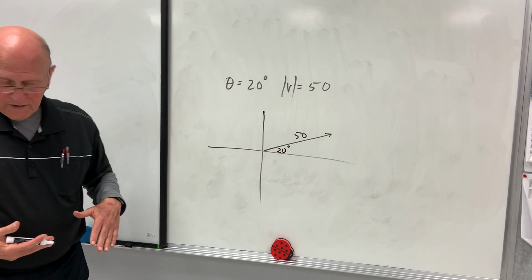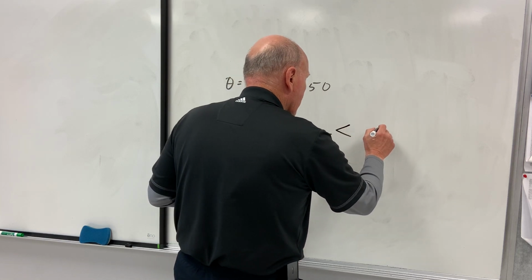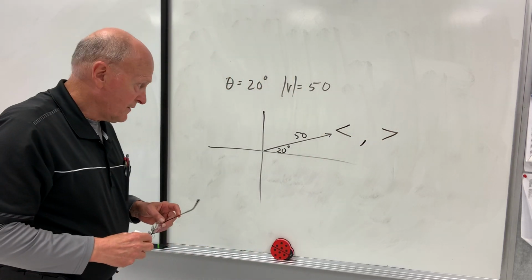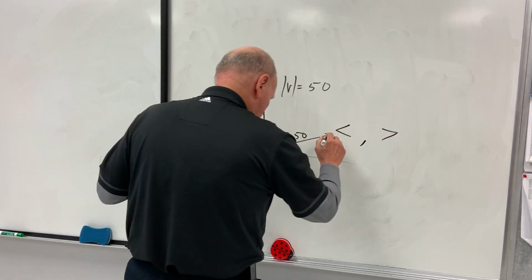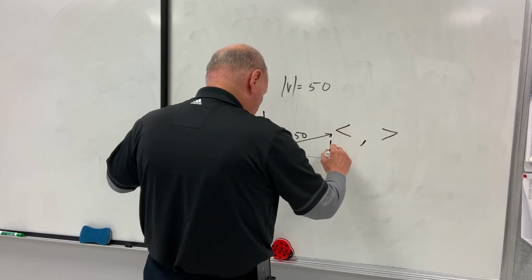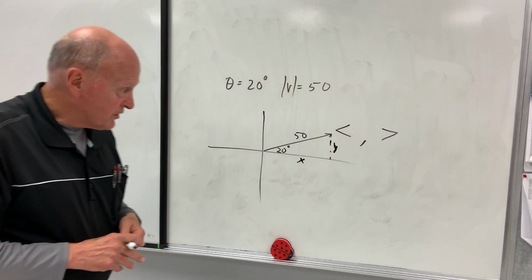So there we go, and we want to know the X and Y components. The X and Y components are actually the end of that vector right there. We need to know the x value, which we're going to put here, and the y value, which we're going to put there.